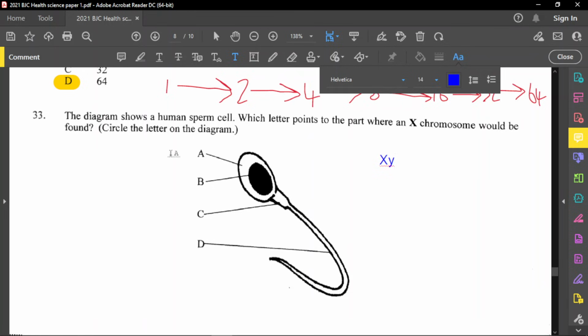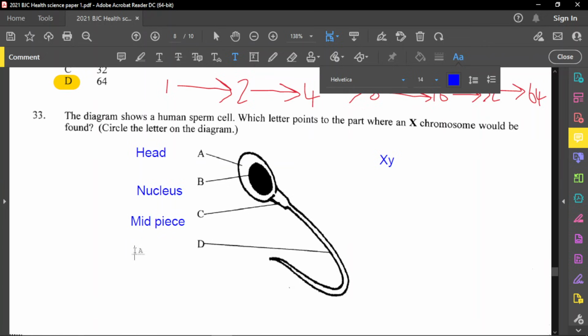Now, to label this, they must quickly label this for you. So A is what they call the head of the sperm. And then here we have the nucleus of the sperm. The nucleus contains the genetic material such as chromosomes, and so definitely we know that the chromosome will be found in B. And C is what they call the midpiece.